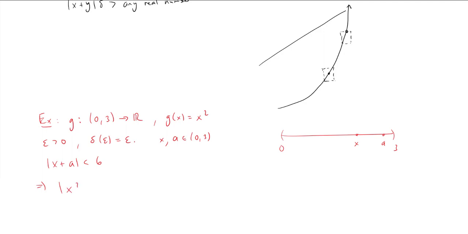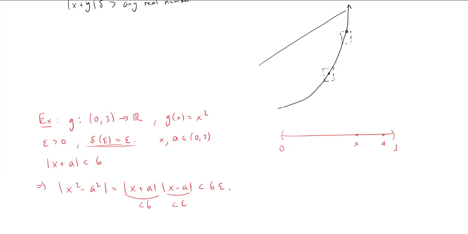So that tells us that the difference between x squared and a squared, which we again know is the product of the sum of x and a with the difference of x and a in absolute value, and this absolute value of x plus a we know is less than 6, and this x minus a, well, if everything lives between 0 and 3, then x and a can be at most 3 apart, sure, but actually we want to choose them to be less than delta apart. And delta is epsilon in this case. So that means that this product is less than 6 times epsilon.